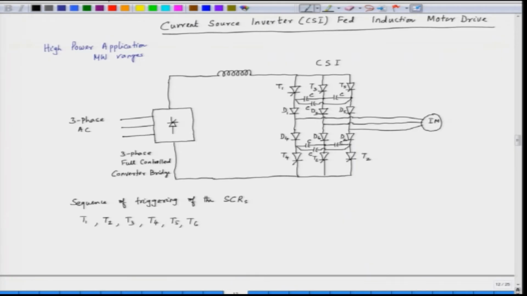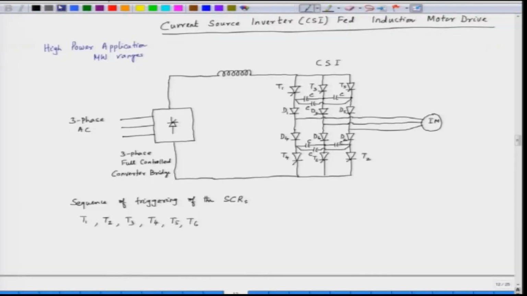And at any given time, if we neglect the commutation overlap, only two SCRs will be conducting. So, the SCRs will be conducting in pairs: T1 T2, T2 T3, T3 T4, T4 T5, T5 T6, T6 T1 and so on. So, the SCR conduction is something like T1 T2.